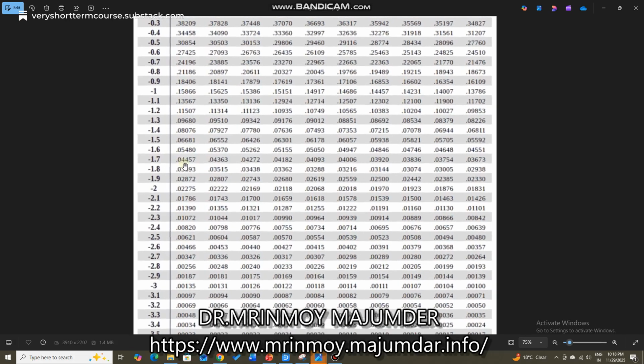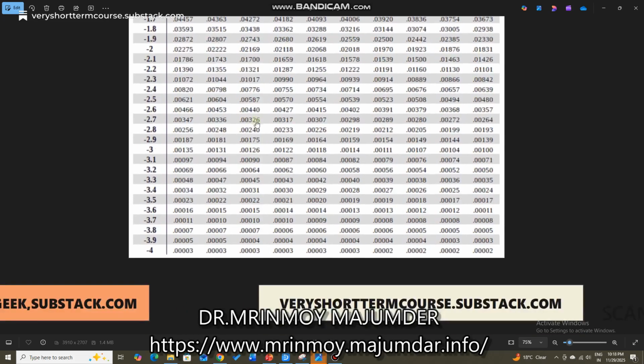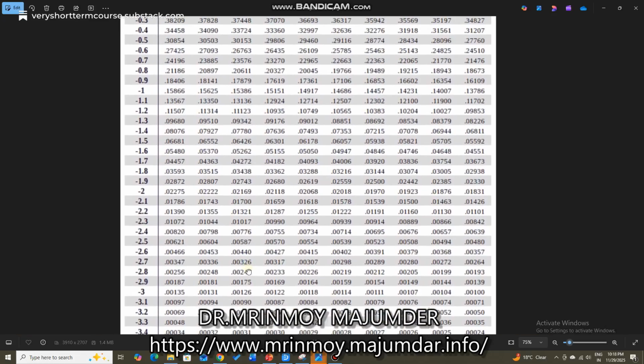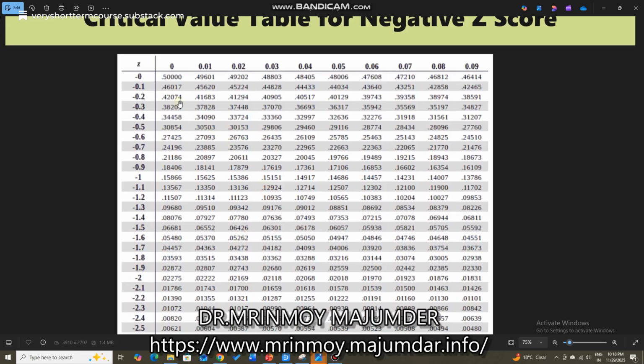If you cannot find 0.47, use the nearest of them. Here it is, 0.4746. Let me see where I can find it. 0.4545, yeah, here. I think 0.472 is nearer.